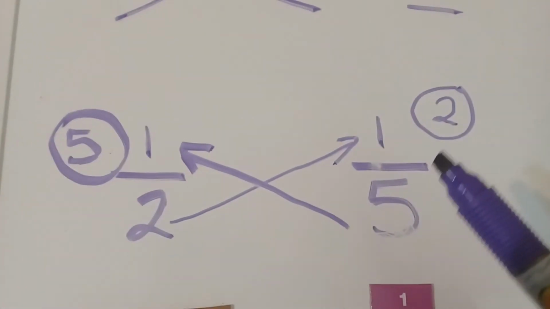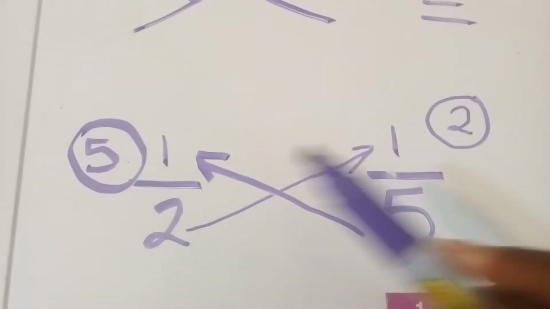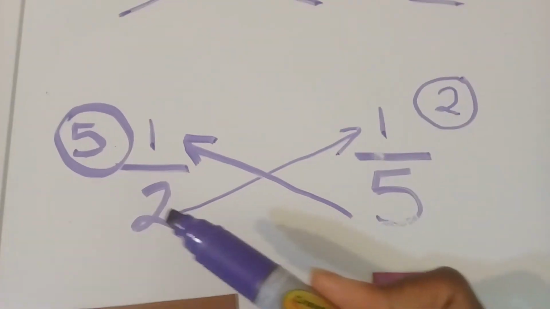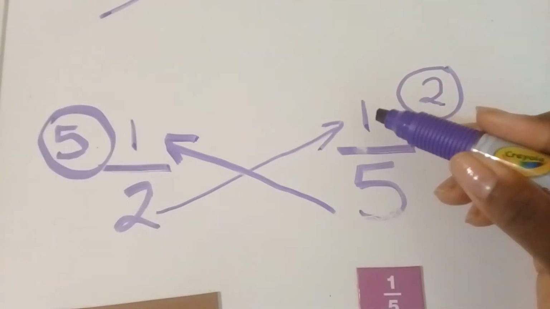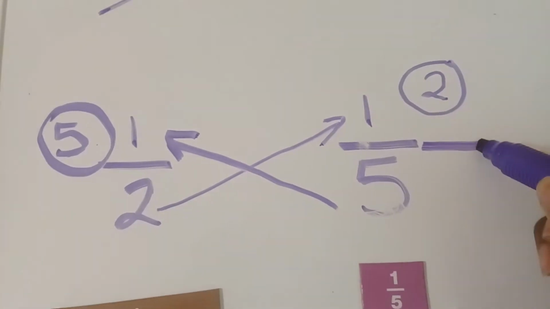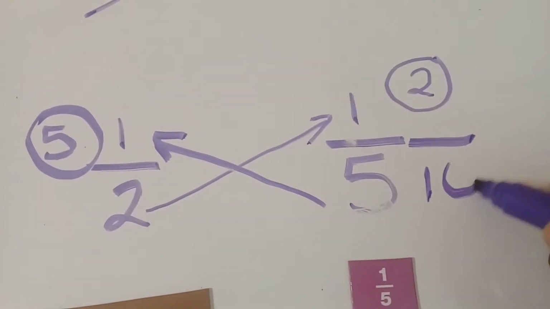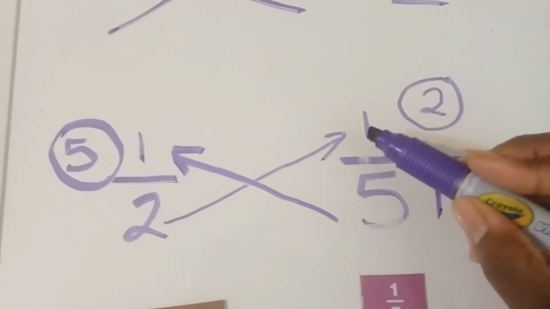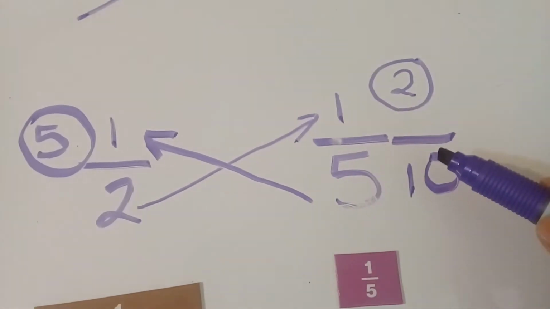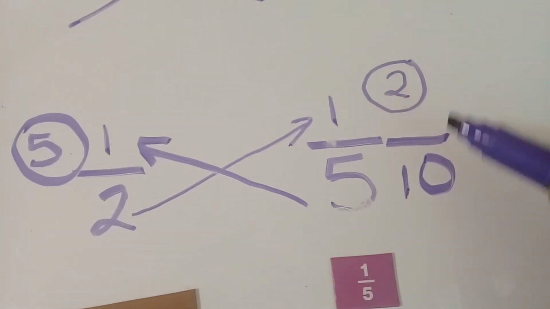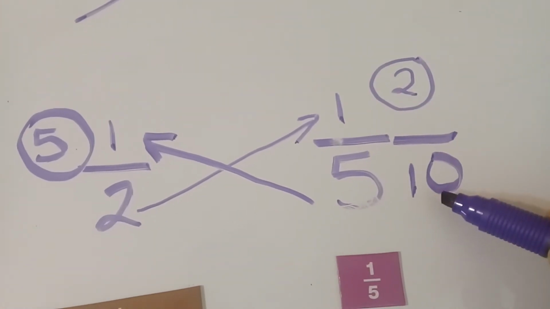Now the reason for that, all we've done is we're actually finding equivalent fractions. So I've told you in class we can stop at this step, but the very first time we looked at this, we were actually working out equivalent fractions. So if I took 2 and multiplied it by 1 and multiplied it by 5, 1/5 is the same thing as 2/10. Why? Because 1 times 2 is 2, 5 times 2 is 10. We've done the same thing to the top and the bottom. I just found an equivalent fraction with a denominator of 10.